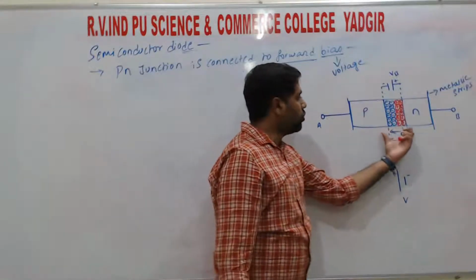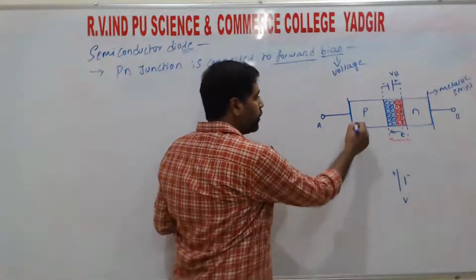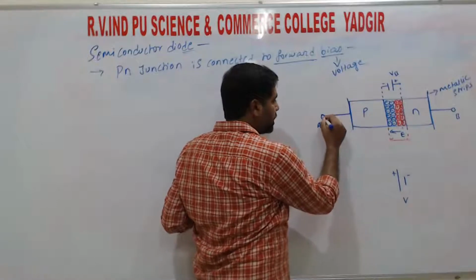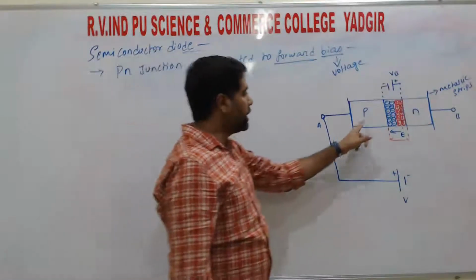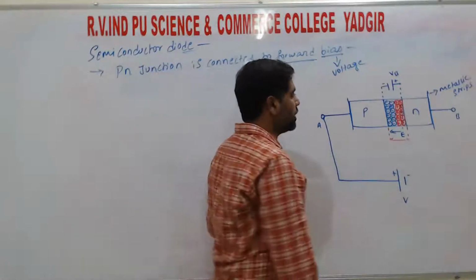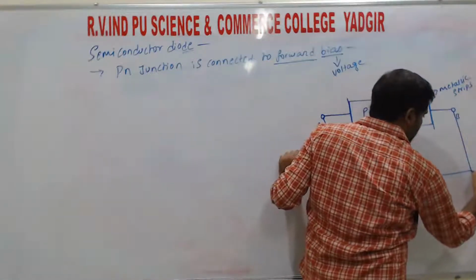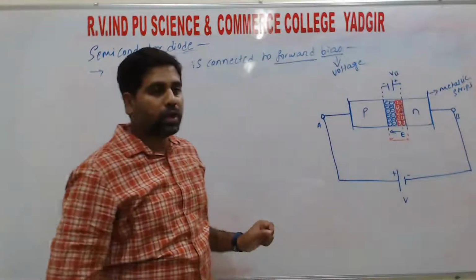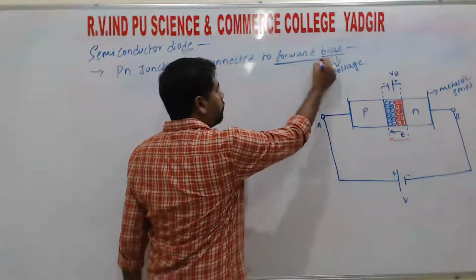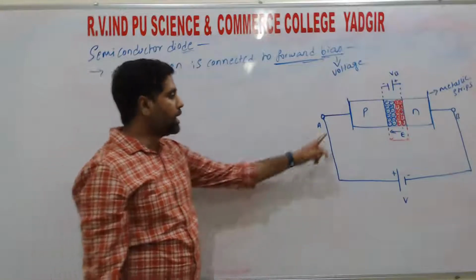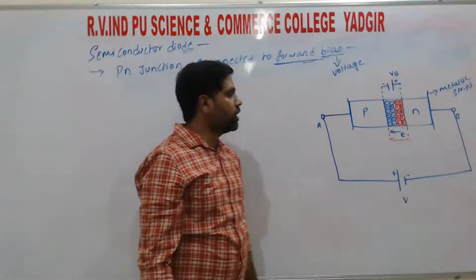Now we connect this PN junction diode to the external voltage in such a way that the P type of the semiconductor is connected to the positive terminal of the battery, right? And the N type is connected to the negative terminal of the battery. This type of connection of the PN junction to the voltage we call forward bias. That means P type is connected to the positive terminal of the battery and N type is connected to the negative terminal of the battery.